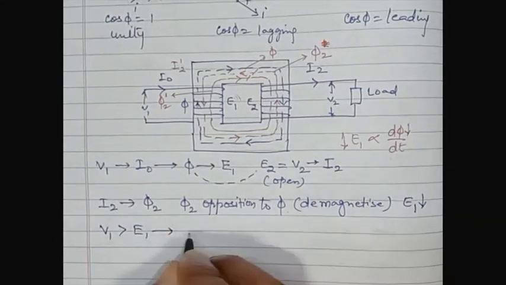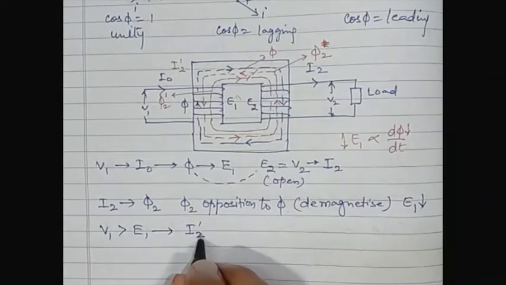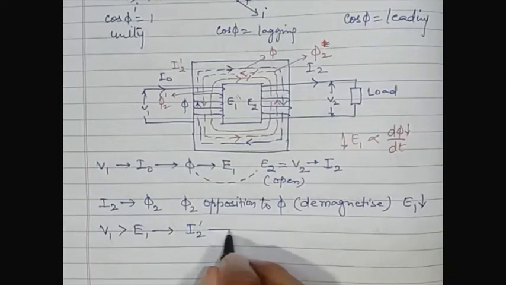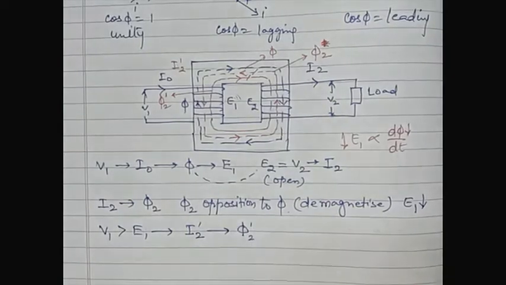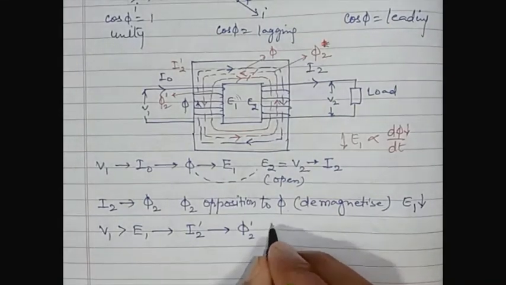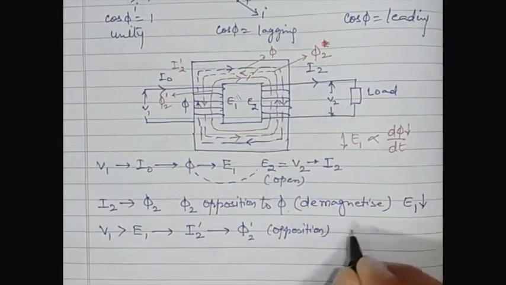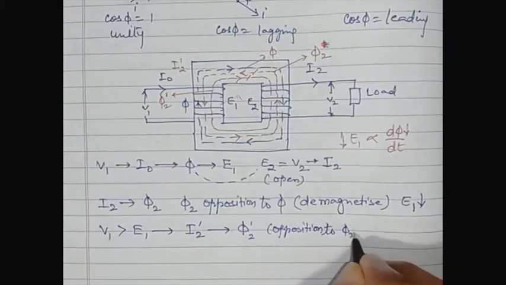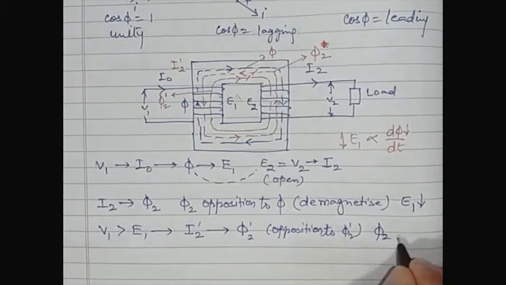There is another flow of current known as I2 dash, flowing into the primary winding. It establishes another flux phi 2 dash, which is in opposition to phi 2 and compensates it.